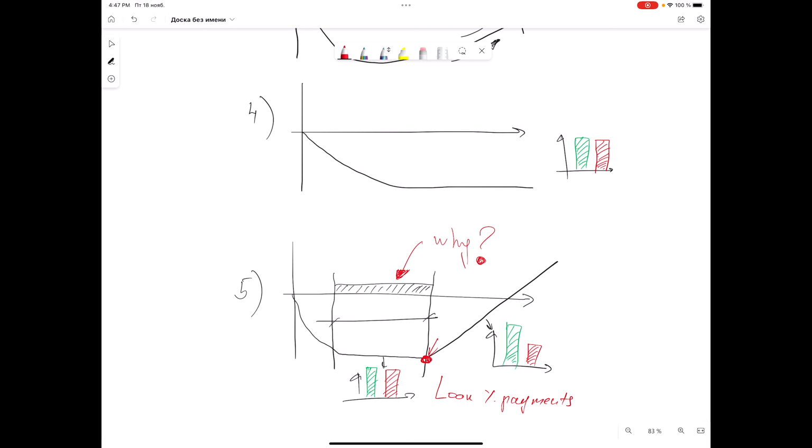So for example, you take the loan here, and then you are paying the interest payments here, every month. And this gives you this break-even point line.